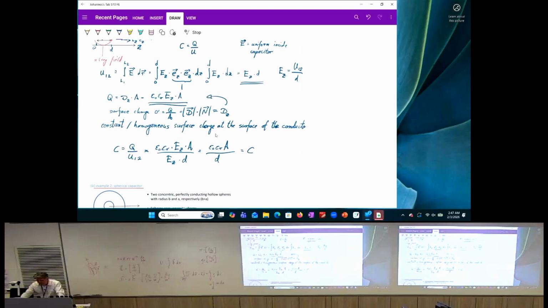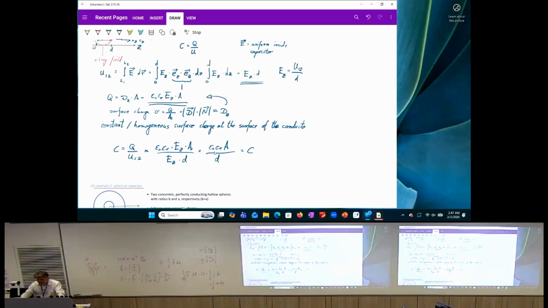And you see this is all purely in material and geometrical properties. So what enters here is the size of the area of the plates. Each plate has an area of A. The plate separation is given with D, and the epsilon, the permittivity, also enters into the formula for this parallel plate capacitor.